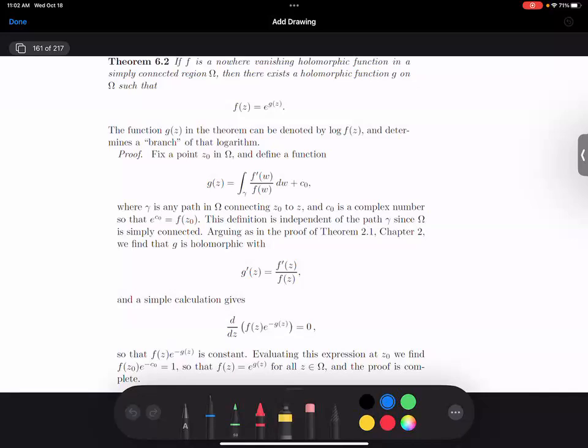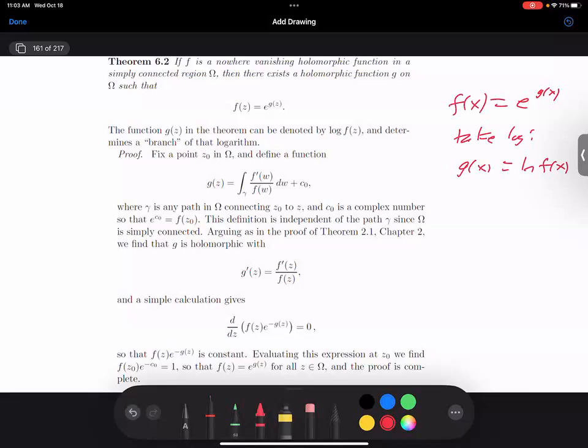We have an idea of what the function g should be. Well, really what we're doing here is, if f of x is equal to e to the g of x, what would you like to do to both sides? Take logs. So take log, and you would get g of x is the log of f of x. Okay.